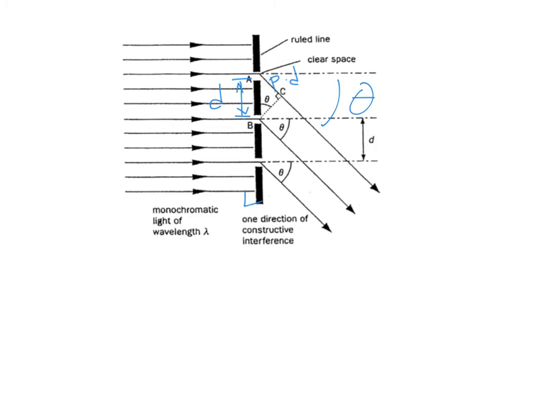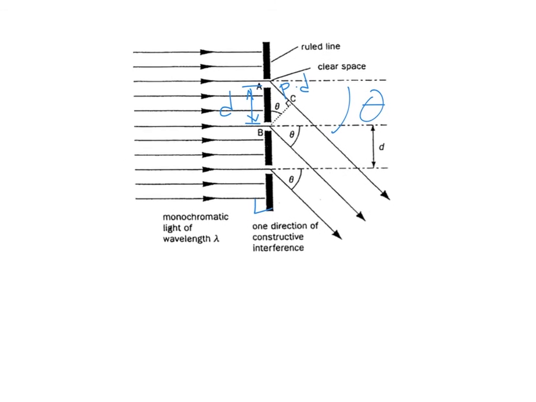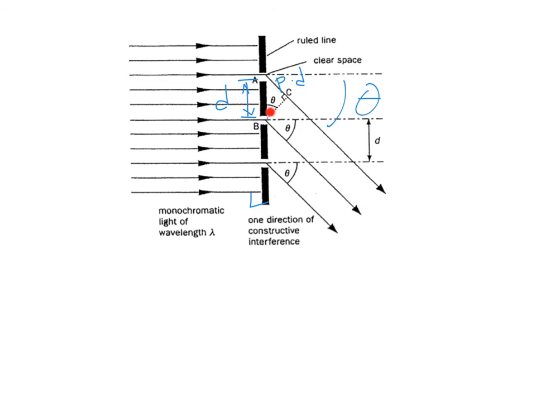But if this is theta, then you will notice that this is theta, right? Because actually I just took it from here. So the remaining inside angle here is 90 minus theta. So what will be the angle inside this one? It will be 180 minus 90 minus theta, because this is 90 minus theta, minus 90. Then you get this as theta. Okay?